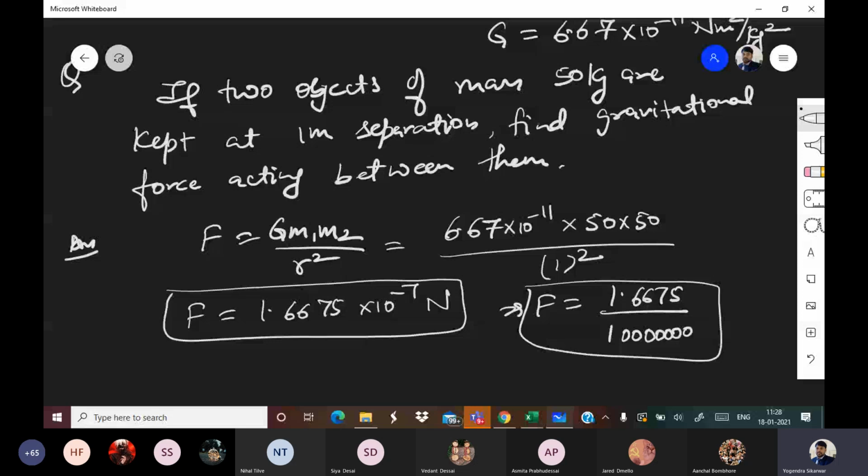Because even if the wall has, let's say, a mass of 200 or 300 kg, the force is very less. You don't feel pulled towards the wall, and walls are on both sides, so even if the small force is there, it is cancelled. But this force becomes significant when one object is the earth. When one object is very heavy, this force becomes very significant. Okay, let me give you another question today.